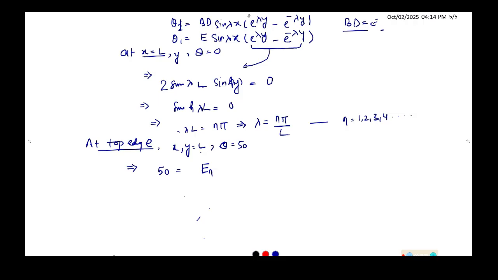So 50 equals en sine of n pi upon L into x into sine hyperbolic of n pi. This is now the final equation.